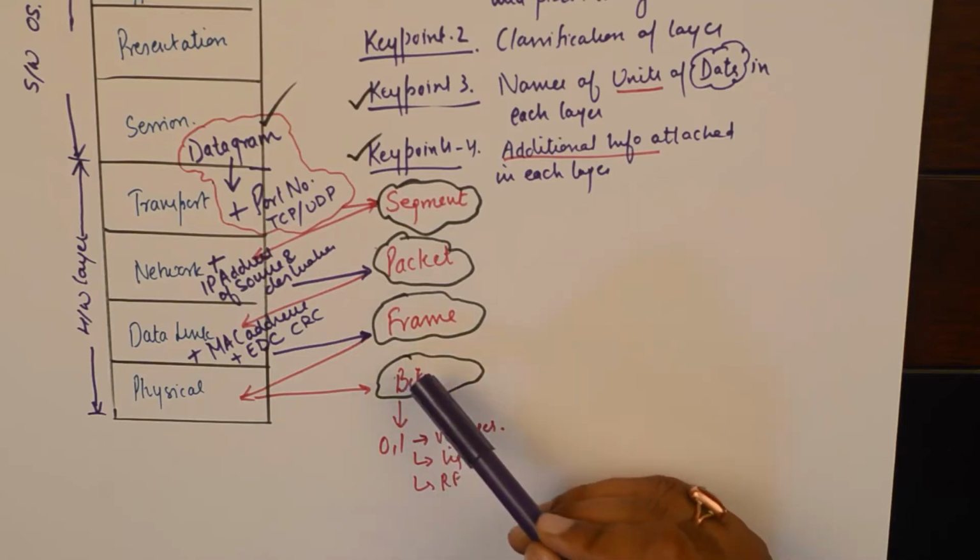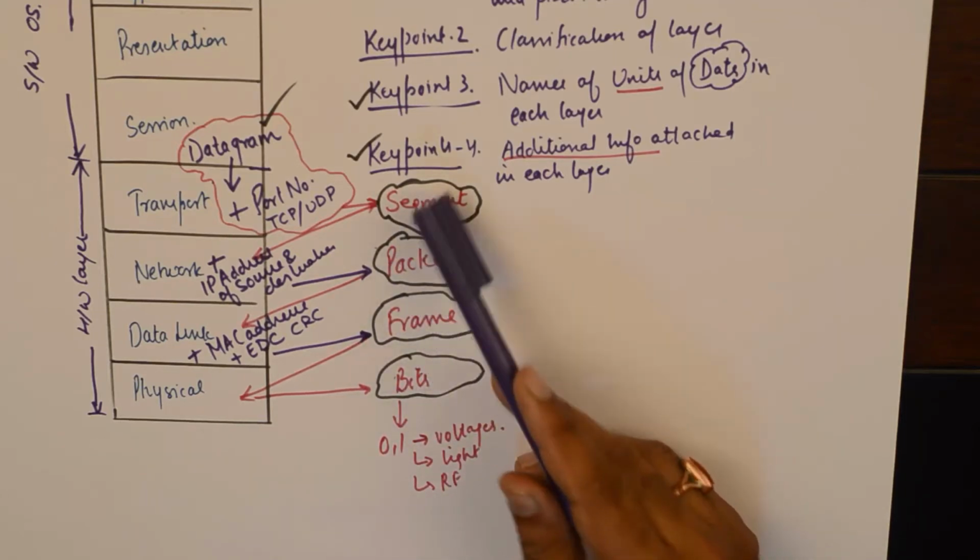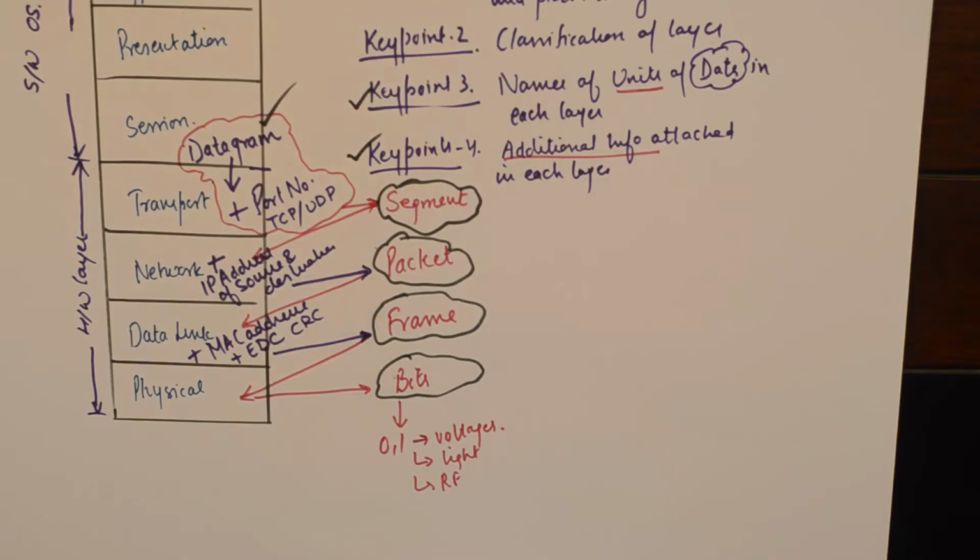So B comes first, and then F, then P, and S. So this is one trick, but otherwise if you dig deep into the OSI model, then you would not ever make a mistake, because when you talk about packet filtering, you know that packet filtering happens only at the network layer, so you cannot really make a mistake once you dig deep into this.